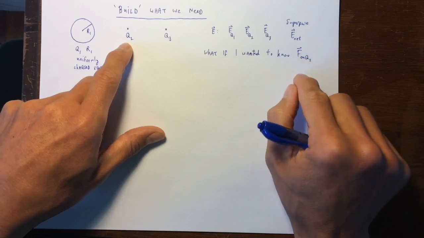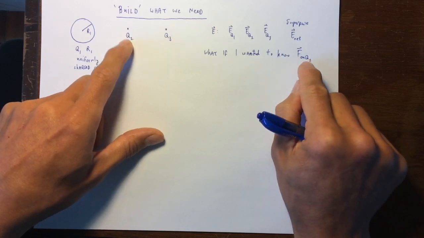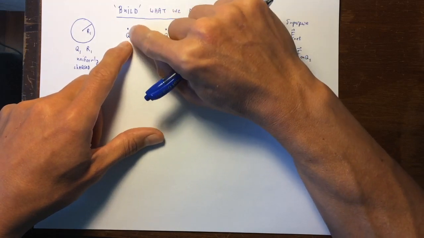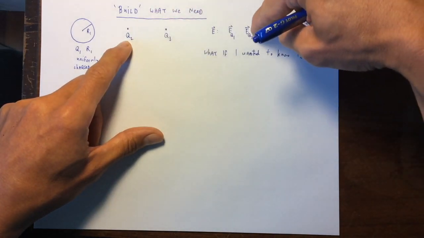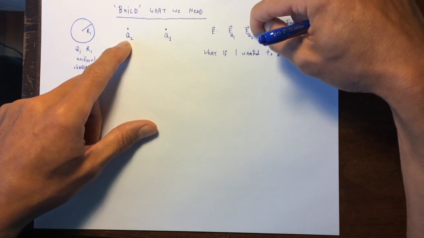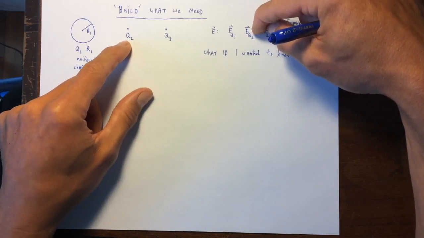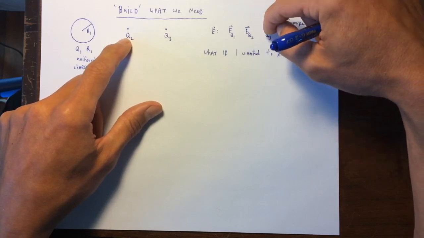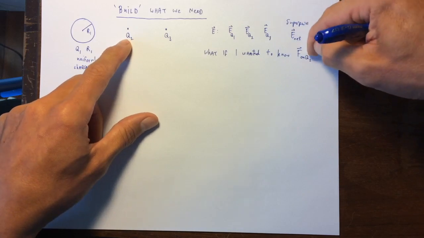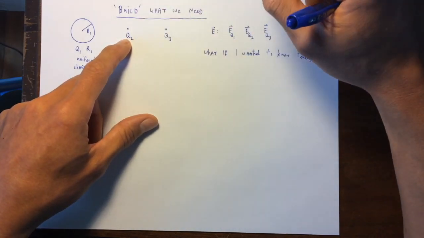Because Q2 is right on top of the source for that field, and so you would be using a 1 over r squared inverse square law for Q2, where r is equal to 0. And you'd find an infinite contribution to the force on Q2 by its own field.